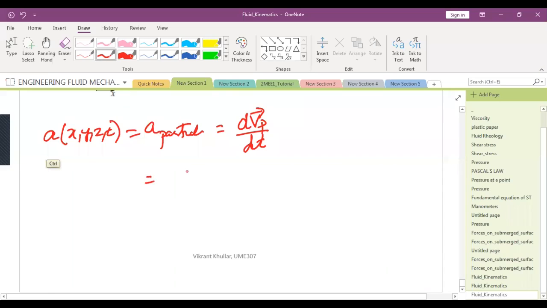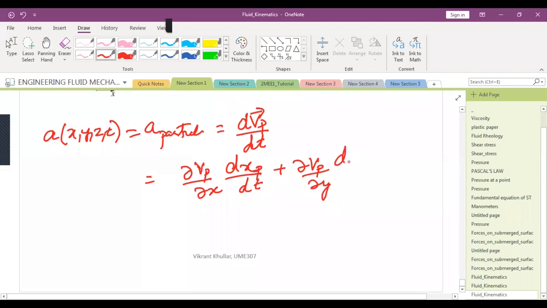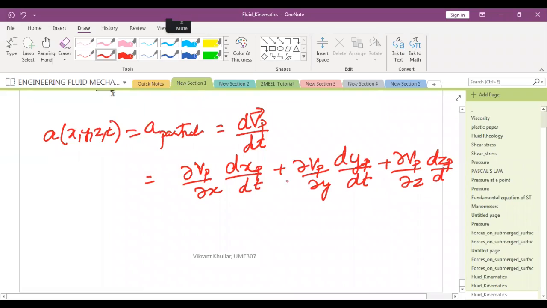This was equal to curly V particle upon curly X into dx particle upon dt. Likewise, curly V particle upon curly Y into dy particle upon dt. Likewise, curly V particle by curly Z into dz particle upon dt.